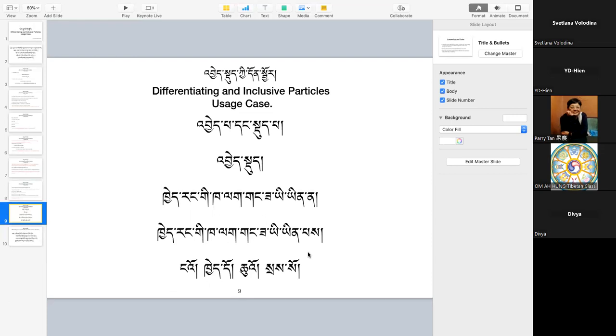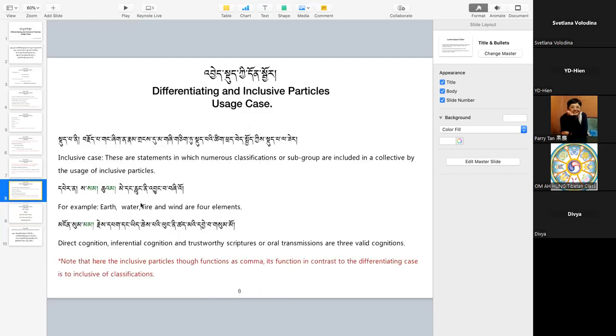Thus it functions more like a full stop rather than a comma. Or in some cases, it could also be used as a comma, depending on the statement itself. If there is a continuation after this, then definitely it will function as a comma. But if it's the end of a statement, then this will function as a full stop.